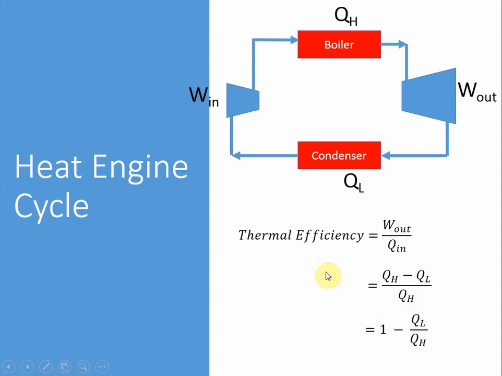Thermal efficiency is 1 minus heat transfer to a cooler reservoir divided by the heat transfer from the hot reservoir. From the second law of thermodynamics, we know that we can't have a thermodynamic cycle or heat engine cycle having QL equal to 0. Because QL cannot be 0, you cannot achieve 100% thermal efficiency even in a theoretical scenario.